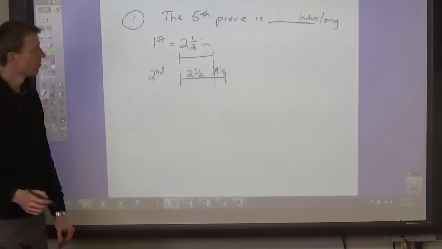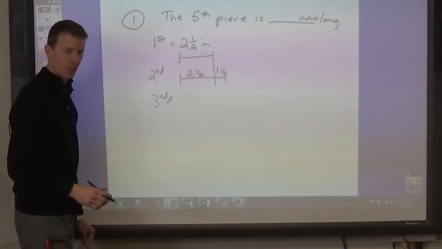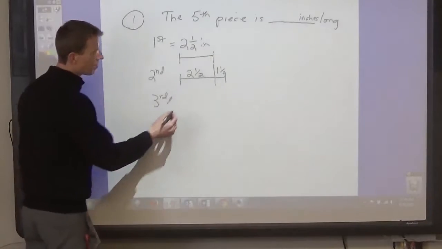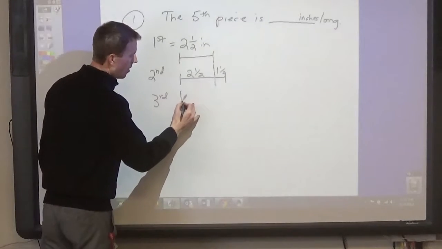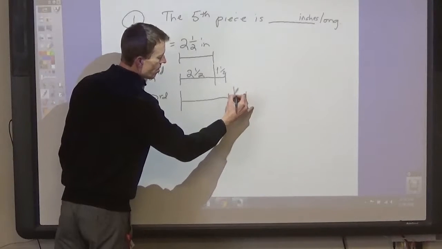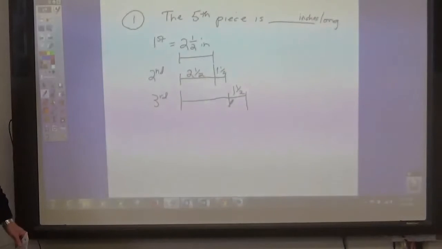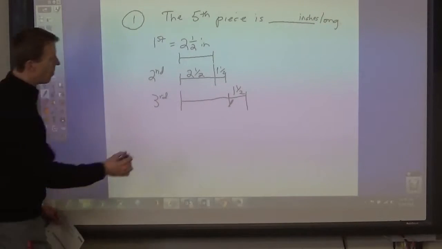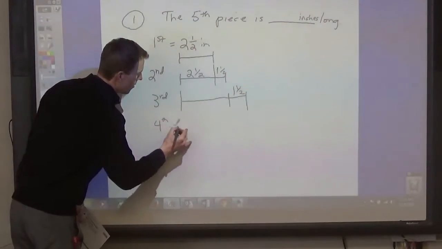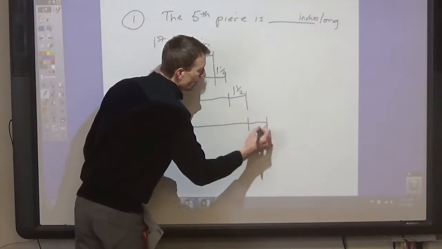Okay? And then the third piece. Find the length of the third piece. It's another 1.5 inches longer than the second piece. Right? And then the fourth piece is 1.5 inches longer.